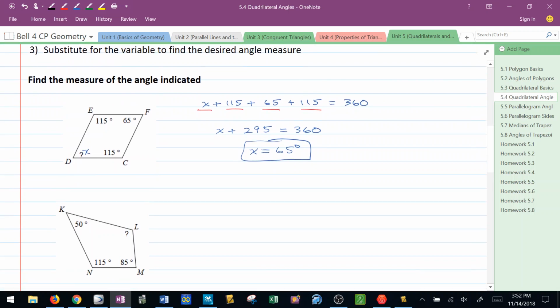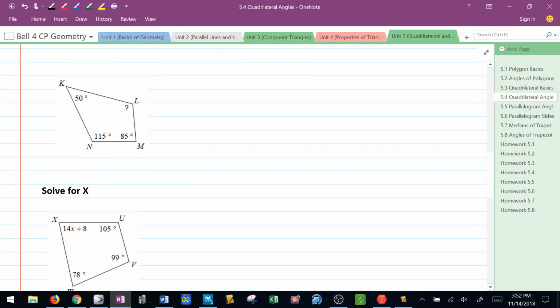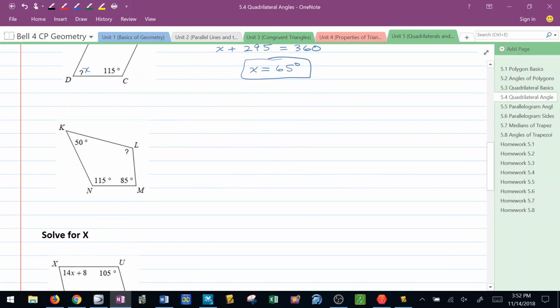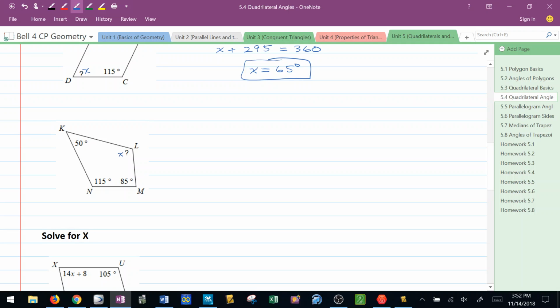All right, let's try this next one here. I'm going to call this x. I'm going to set up the equation. x plus 85 plus 115 plus 50 has to add up to 360.